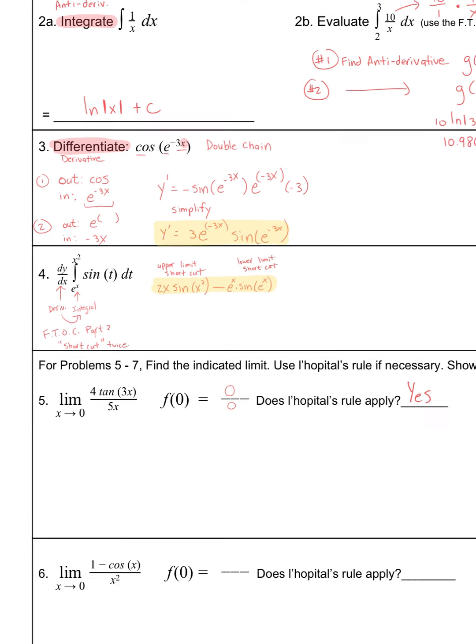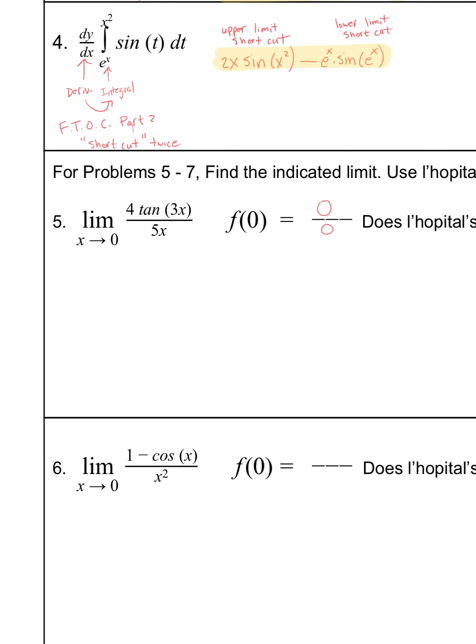All right, so the first thing we do is we take the derivatives. So the limit as x approaches 0 is still there. We take the derivative of the numerator. The derivative of the numerator up here, that is going to be a chain rule. All right, so the 4 comes along for the ride.